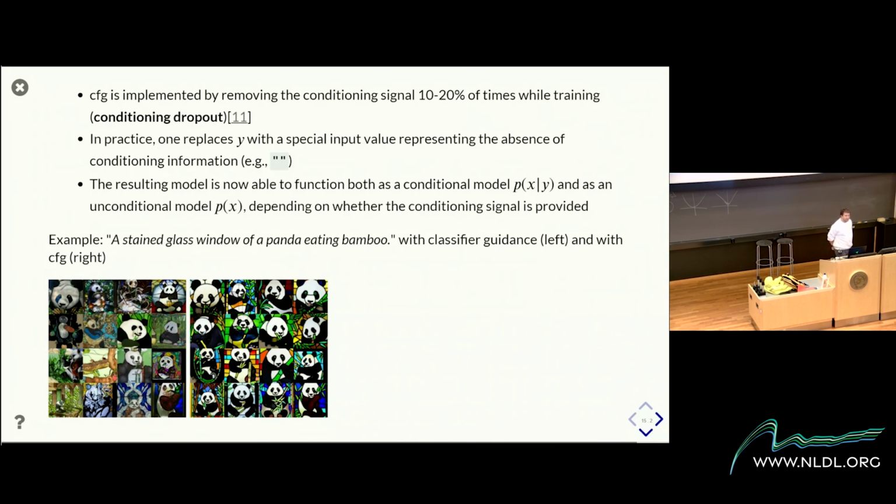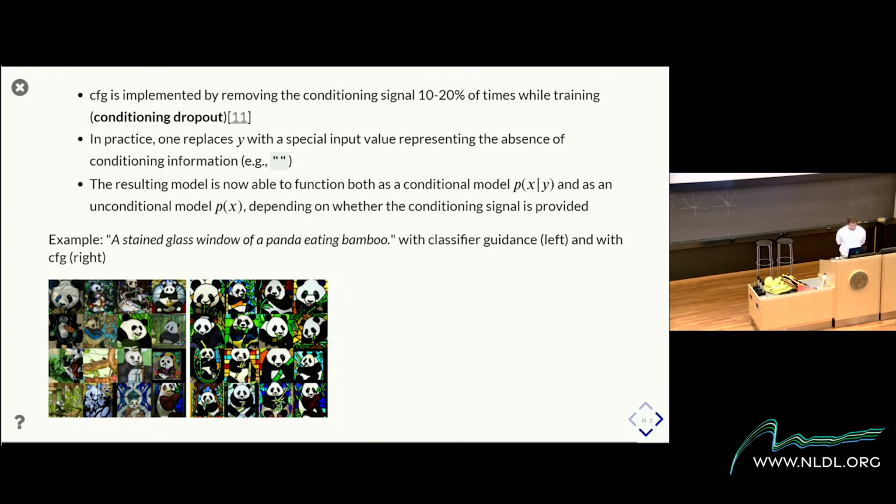So the resulting model is now able to function both as a conditional model, P of x given y, and as an unconditional model, P of x, depending on whether the conditioning signal is provided or whether we just give this empty string, our fake empty conditioning signal.